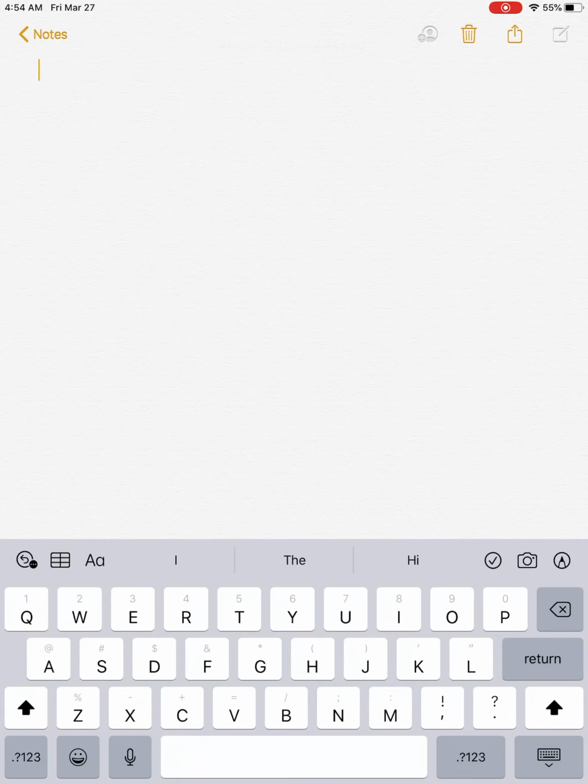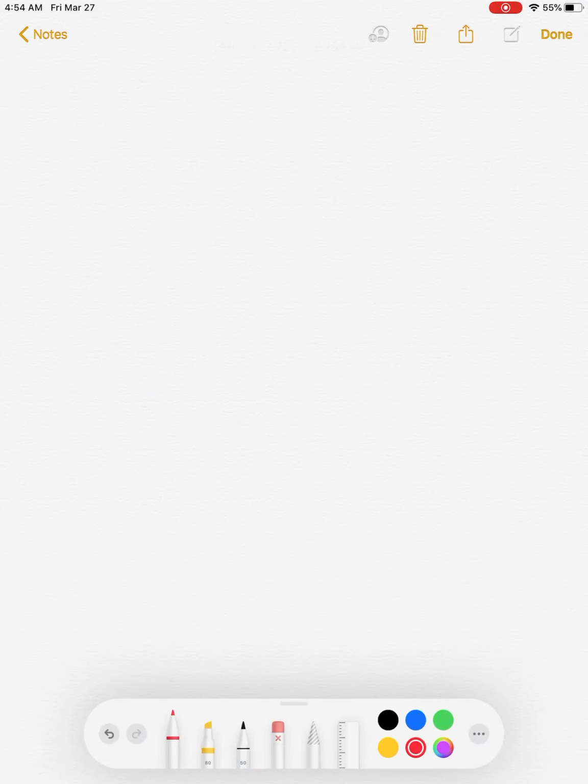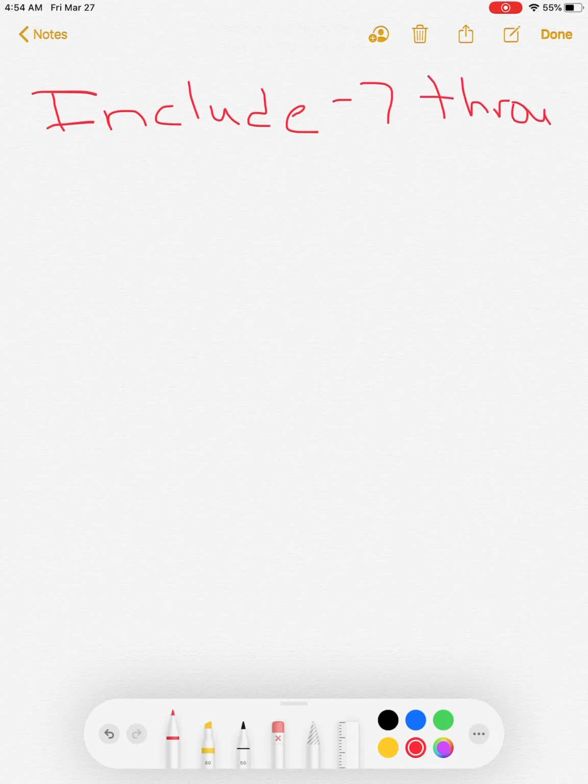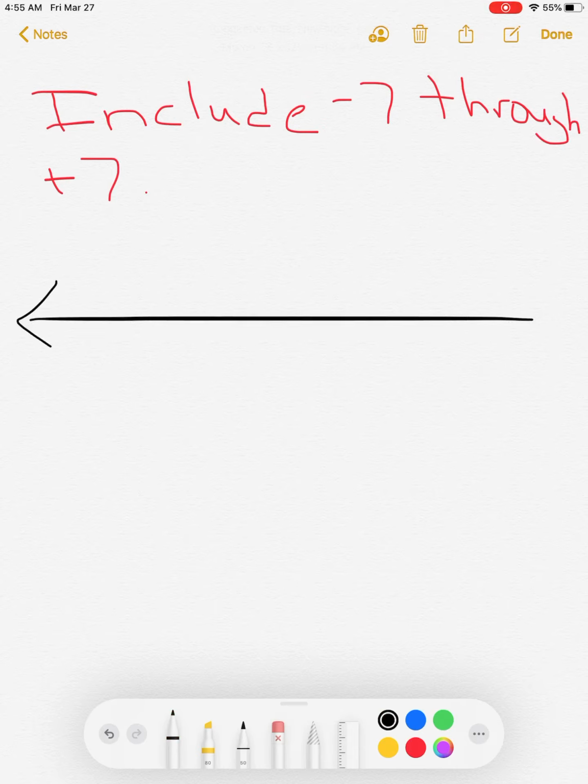Let's practice writing number lines, and I want this particular number line to include -7 through +7. Okay, so let's practice. I want you all to draw your number line, right? And usually zero is in the middle, usually, not always you all, but usually, right?